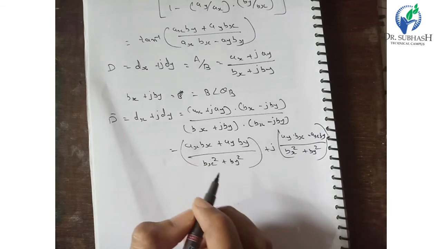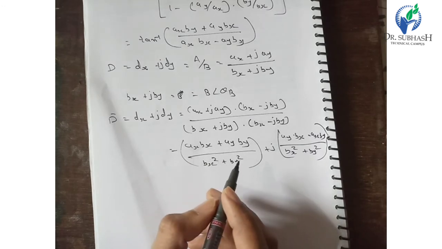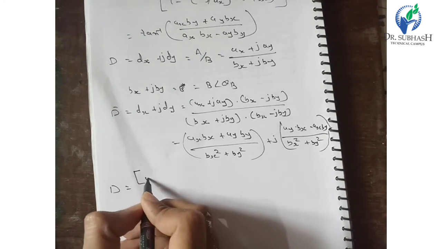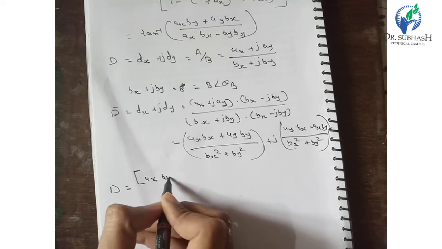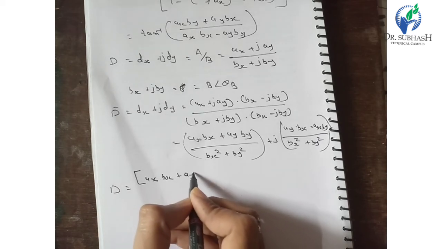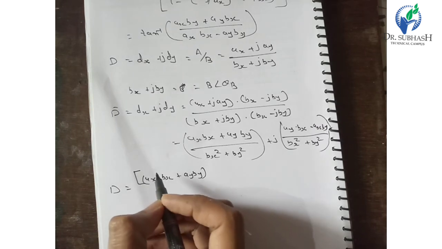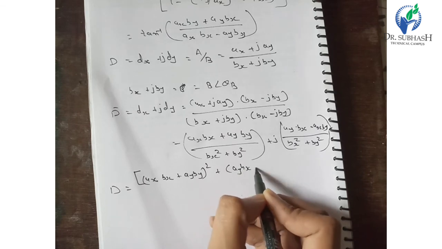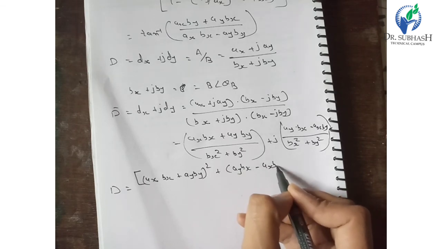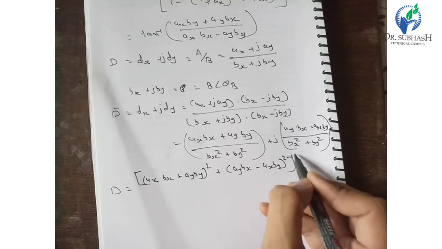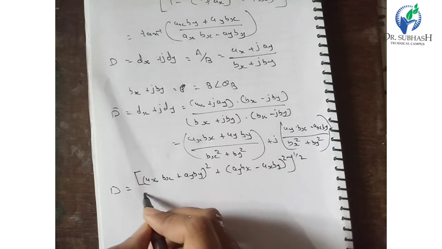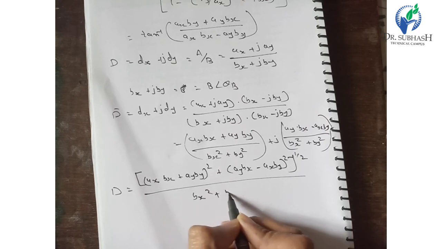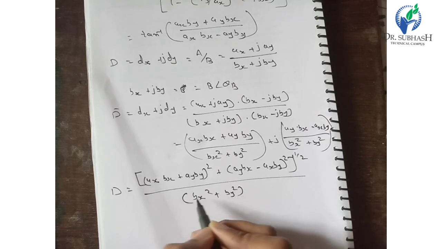The magnitude and phasor angle of the resultant phasor are as follows. D is equal to root of AX BX plus AY into BY whole square plus AY into BX minus AX into BY whole square, upon BX square plus BY square.